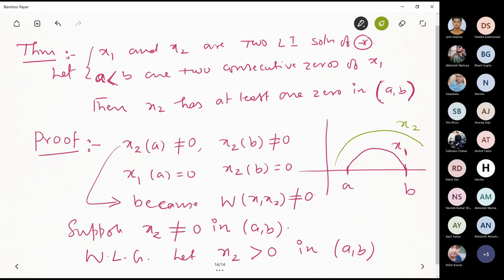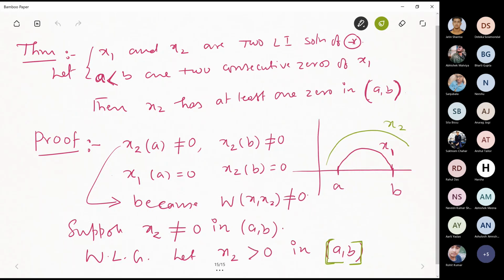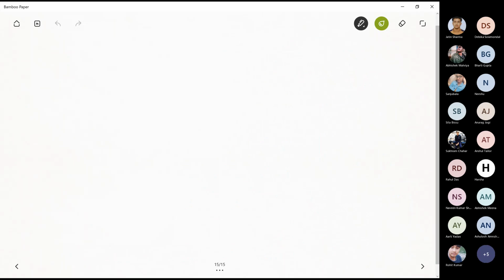Because x2 cannot be zero at the endpoints, x2 is positive in the closed interval [a, b]. So let us assume that x1 is positive and x2 is also positive.